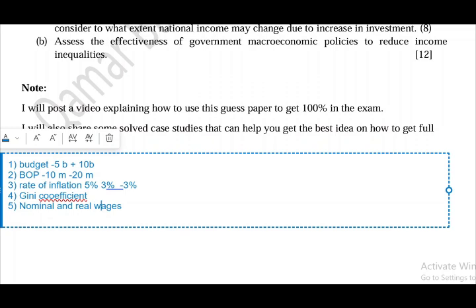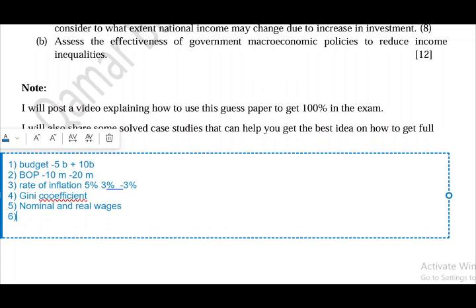Anything that is nominal means it is expressed in monetary terms and calculated at current prices, while real wages or real income is the income after the removal of the distorting effect of inflation, and real values, real GDP, are calculated at base prices instead of current prices. And the examiner may ask to find out the trend in the diagram.